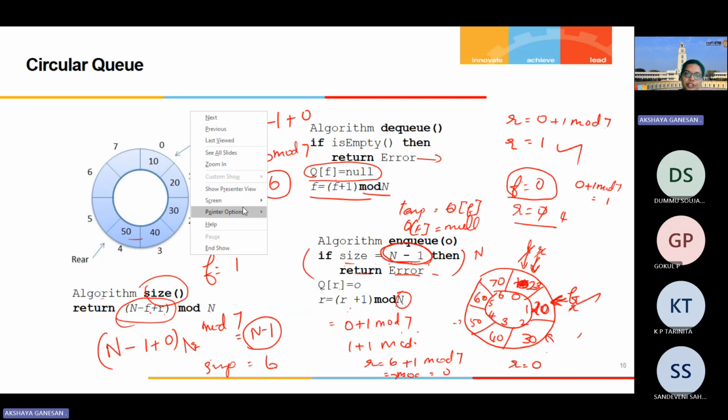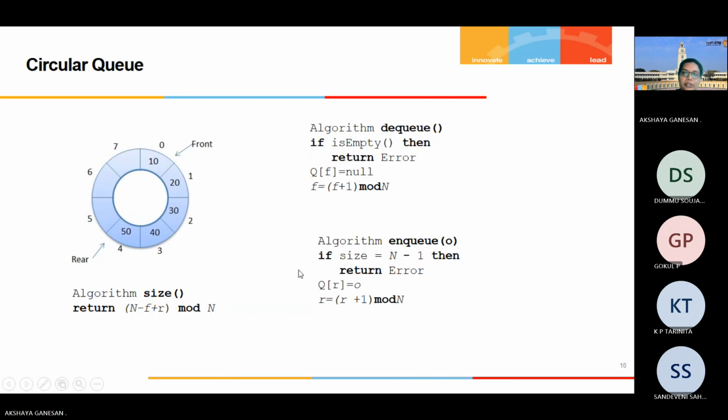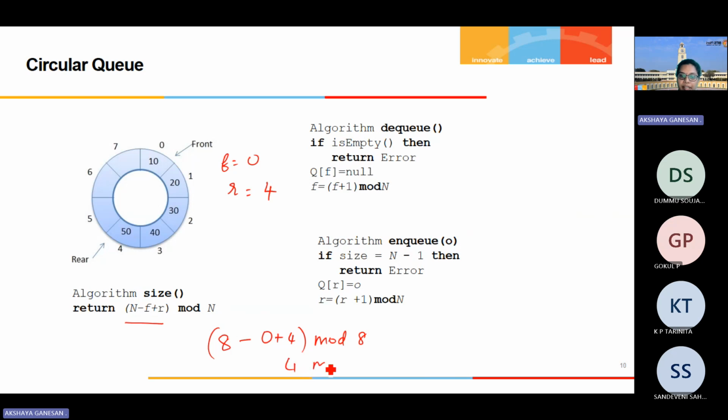So to give you a positive explanation, let's take this queue. What is the F value here? F is 0. What is the R value here? R is 4. Now if you calculate the size, N is 8 here. (8 minus 0 plus 4) mod 8, so 8 minus 4 mod 8, 4 mod 8 is 4.